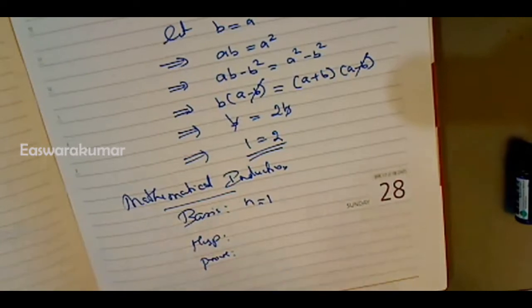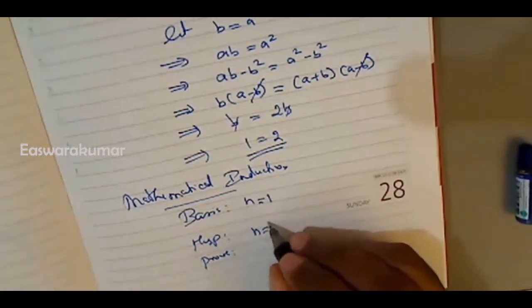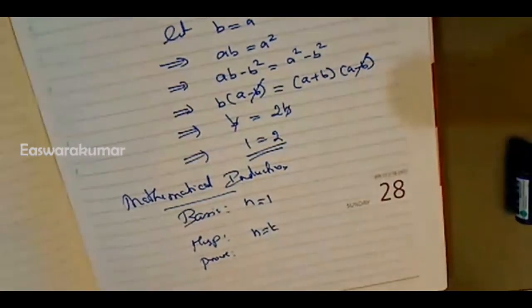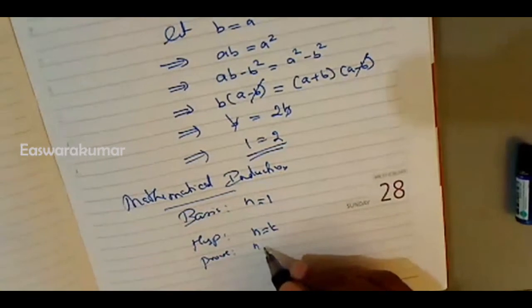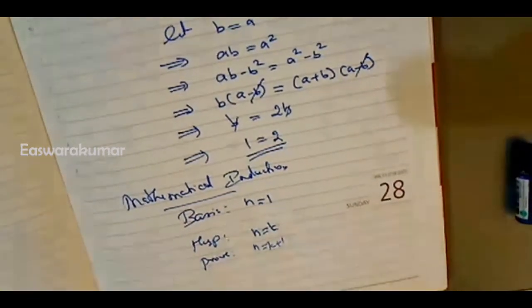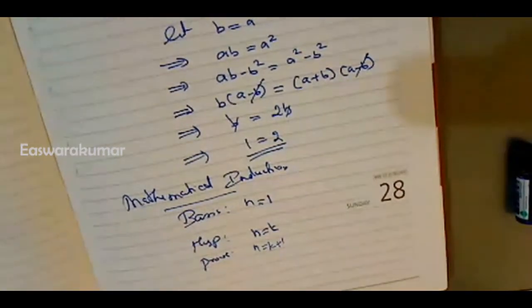And then I assume the hypothesis, that is the assumption, that when the value of n is equal to k, the statement of the theorem holds good. Then based on the hypothesis, I try to prove it for k plus 1.